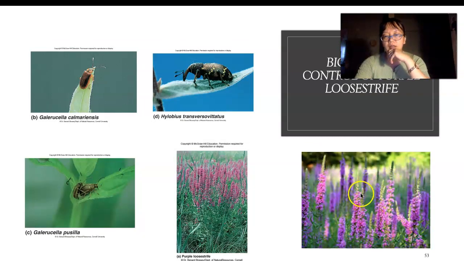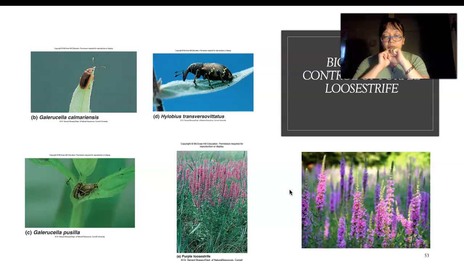This is another example, and you see those beautiful purple flowers called purple loosestrife. And there's, I think at least five bugs, five beetles released, just precisely targeting those purple flowers. Some of the bugs eat the leaves, some of the bugs eat the shoots.